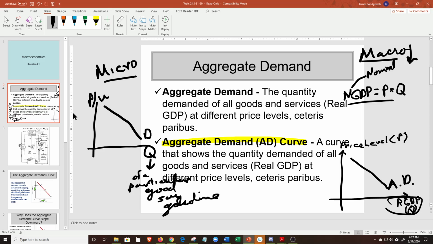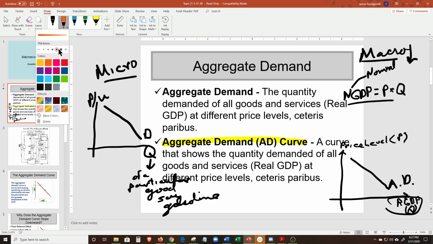And as long as we're going to be talking about this, down here we're going to be talking about why it slopes downward. Let's talk about that right here. Let's make this a little thinner.